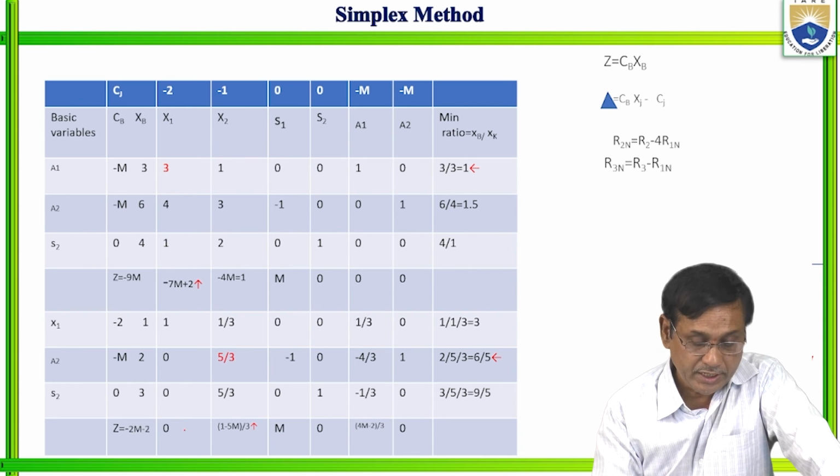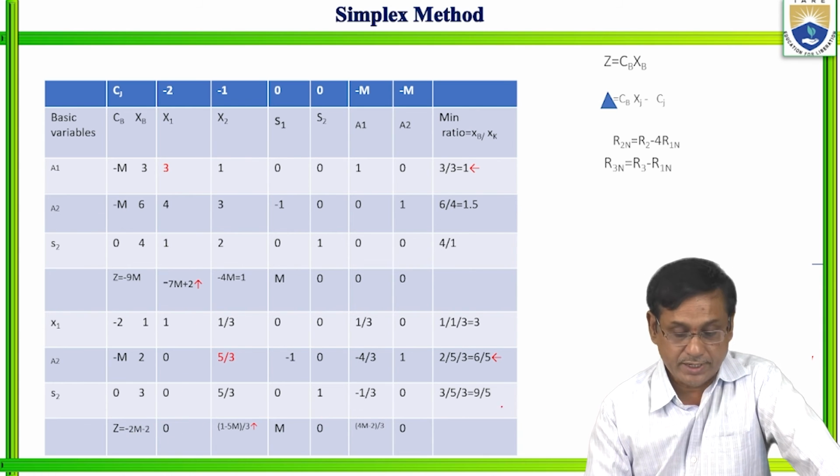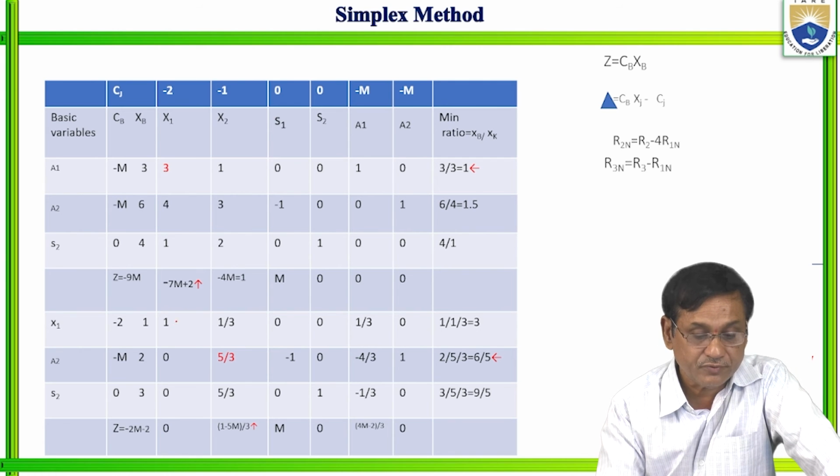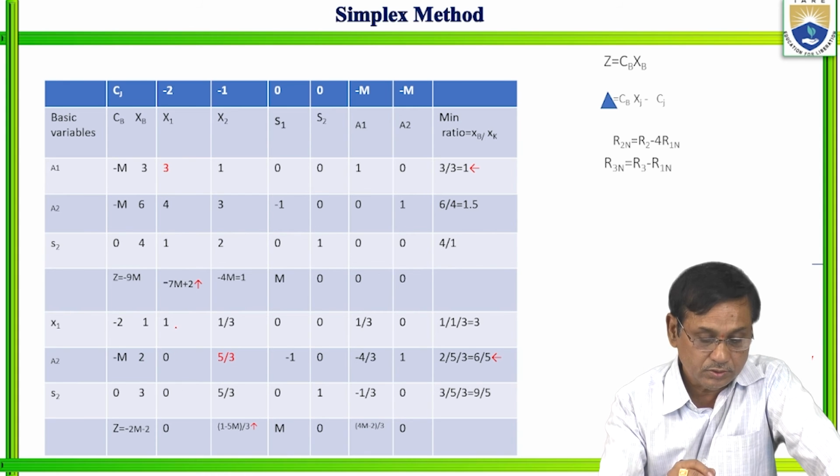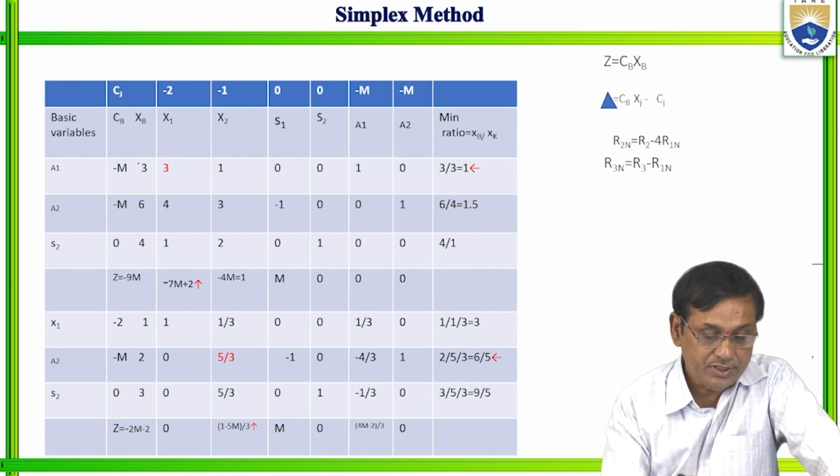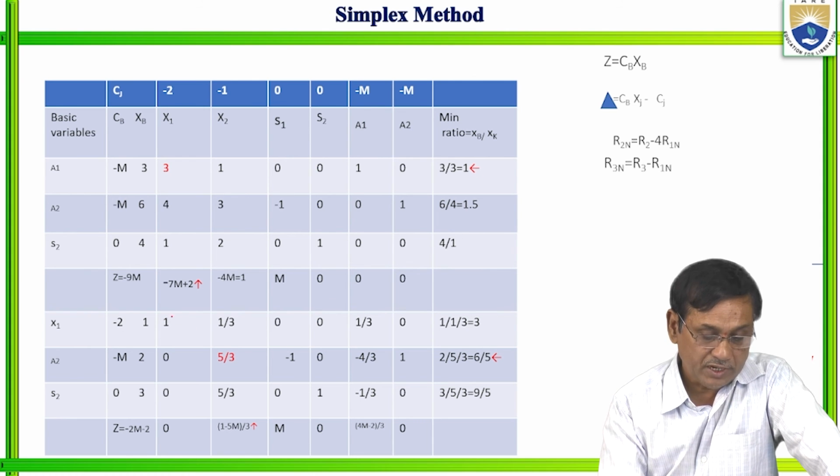Now we have to find out the delta values corresponding to this entire row. Now corresponding to the first column, minus 2 into 1, minus M into 0, 0 into 0. Delta value is CB times XJ minus CJ. CB value is minus 2 and this value is equal to 1, minus 2 into 1, and this is minus M into 0, 0 into 0.